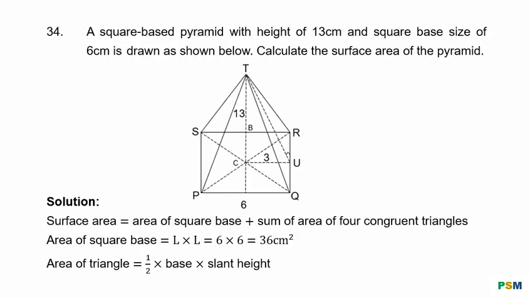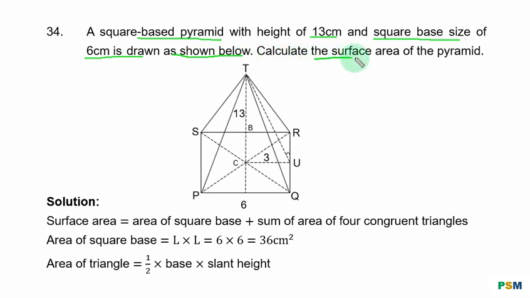Example 34. A square-based pyramid with height of 13 cm and square base side length of 6 cm is drawn as shown below.